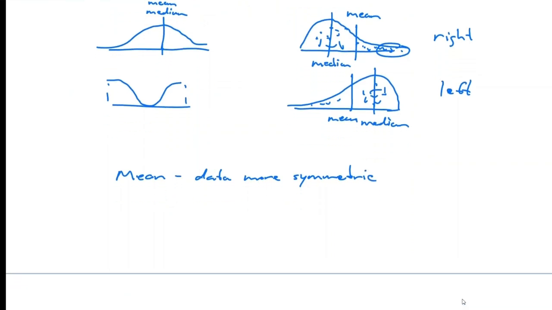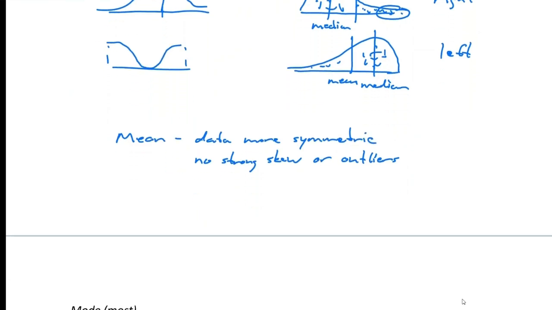Another way to think of this is no strong skew or outliers. So if you're looking at your data and you're seeing a pretty strong skew, you probably don't want to use the mean. Or if you have an outlier, you wouldn't want to use the mean. In the employee example, my salary would have been an outlier. We wouldn't use the mean because that outlier pulls the mean away from the middle.